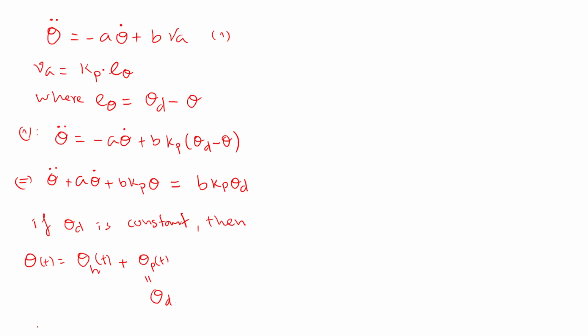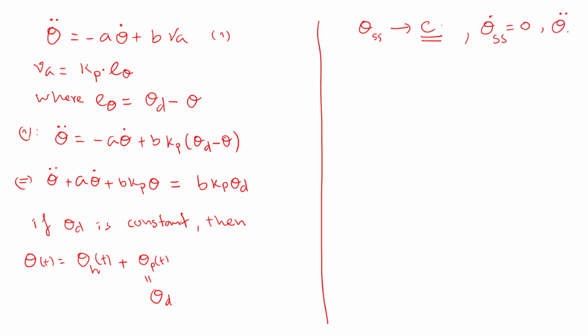You can analyze it in this way. Theta steady state will approach a constant, and how can you find this constant? First, theta steady state dot, of course, is 0, and then theta steady state double dot is also 0.